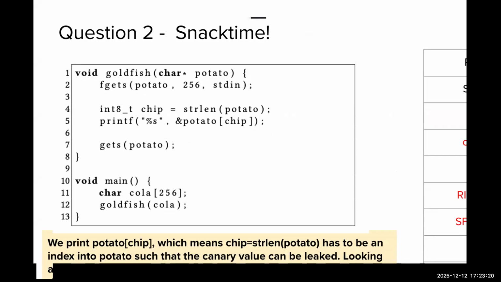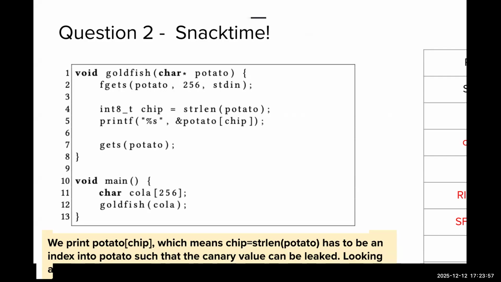The first instinct would be to make chip 256, because the 256th index of cola would be the canary, since it's right past the end of cola. The problem is that chip is a signed 8-bit integer. The maximum value of a signed 8-bit integer is 128, so it's not really possible for chip to equal 256. That's the first problem.